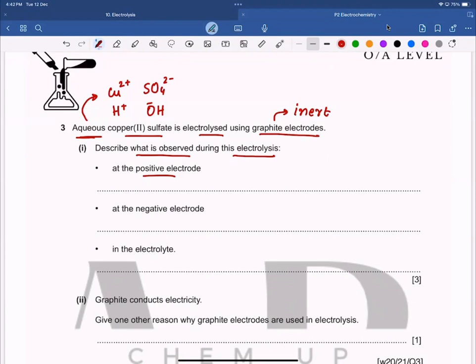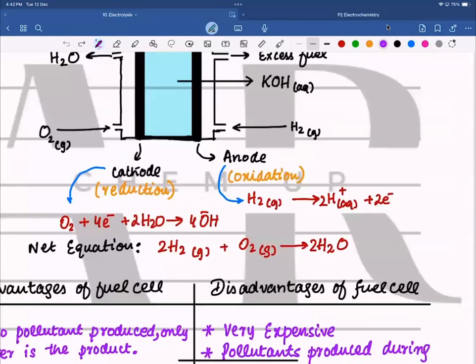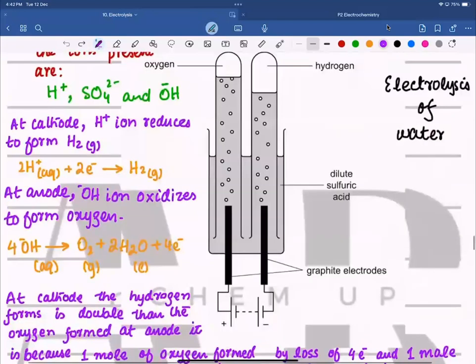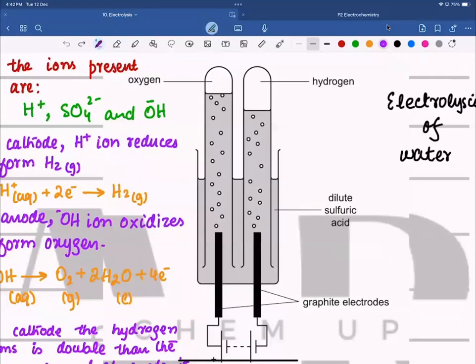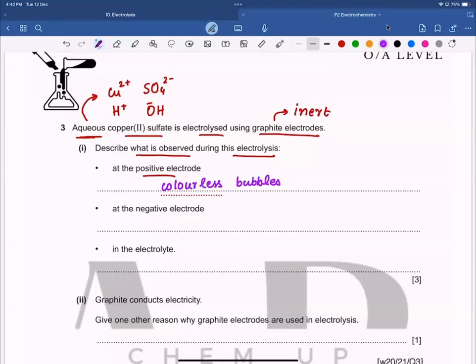And what color are the bubbles? Colorless. So the observation over here is colorless bubbles. We know oxygen has no color, and whenever a gas forms in the solution, there are always bubbles. If you see this diagram, you are observing the bubbles, right? Is this clear?